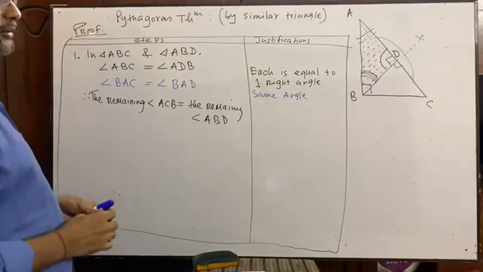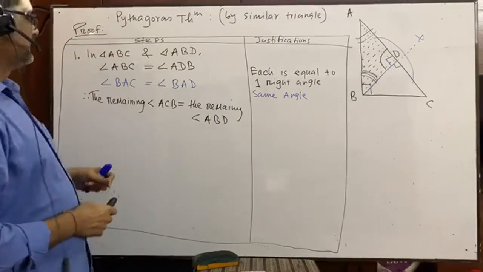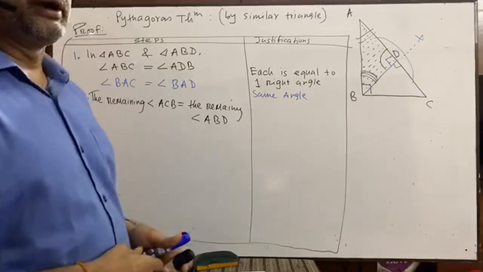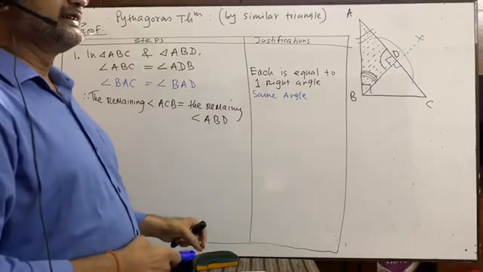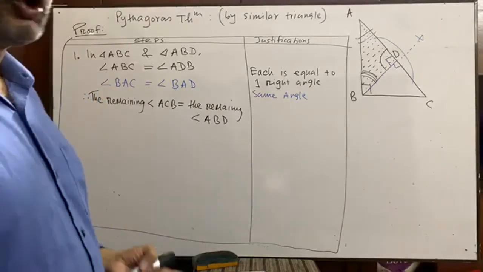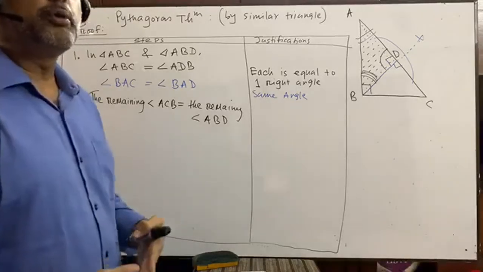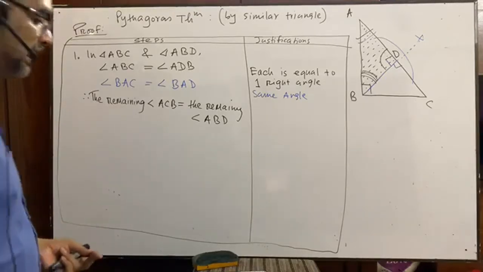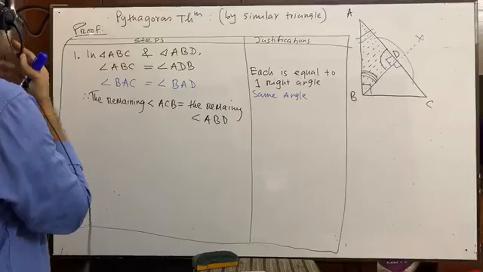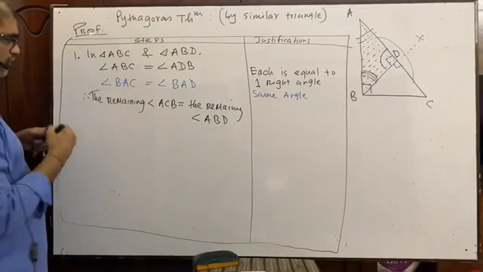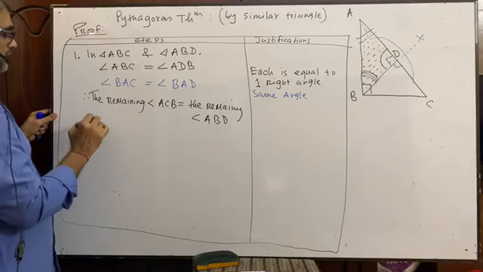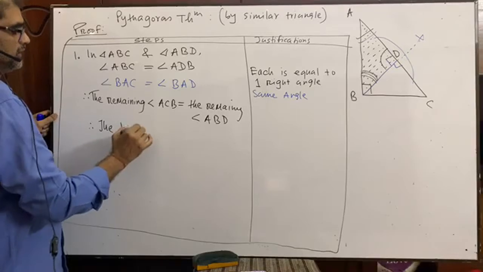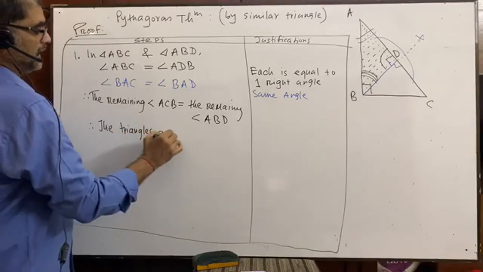In class 7 you also read that if three angles of two triangles are respectively equal, then the triangles are called equiangular. But students have a tendency to call it congruent. No, it is not congruent; they are called equiangular. So we can write here, therefore, the triangles are equiangular.